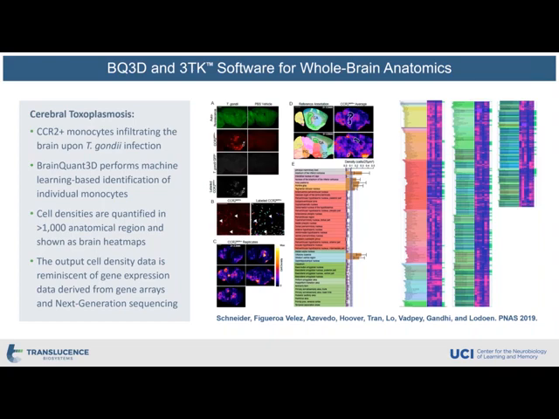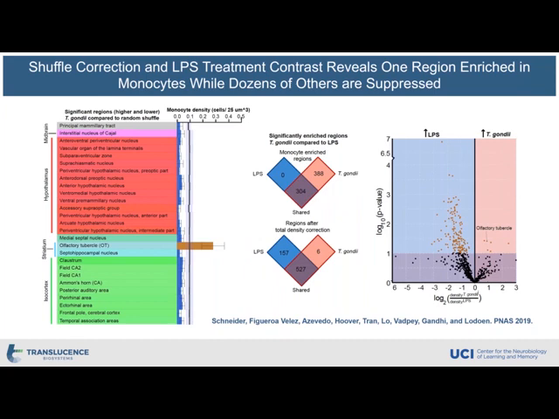So we adapted some methods from RNA sequencing to apply to this case to try to get a better statistically grounded sense of what areas really were attracting more monocytes in the toxo-infected animals.